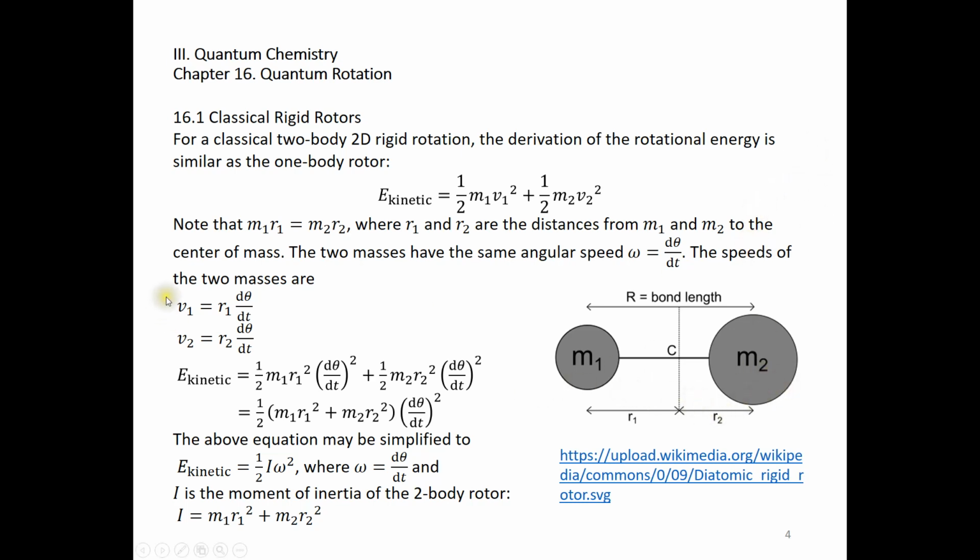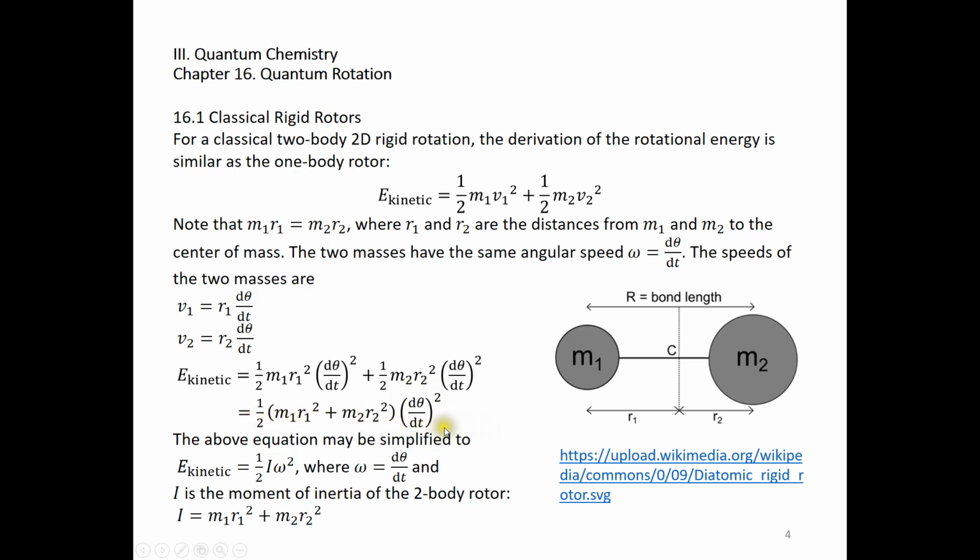The speeds of the two particles are V1 equals R1 times d theta over dt, and V2 is R2 times d theta over dt. Therefore, we can rewrite the expression of the kinetic energy as 1/2 multiplied by m1 r1 squared plus m2 r2 squared multiplied by this angular speed squared.